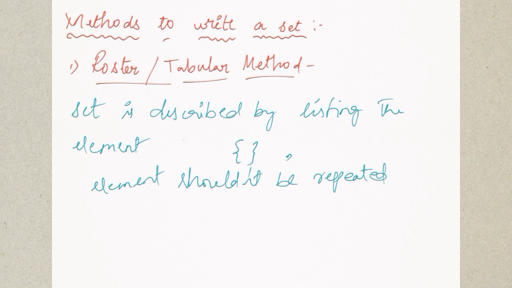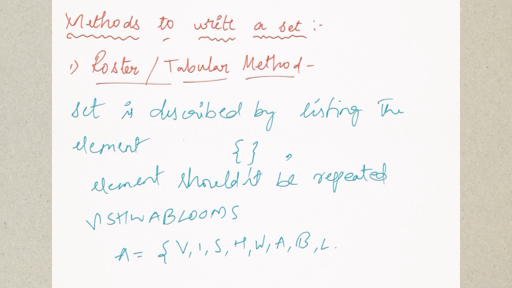Now, if I have to write the set of letters for the word Vishwablooms, say Vishwablooms only, how will I write the set? So set A is equal to V, I, S, H, W, A, B, L, O. Again, should I write O?